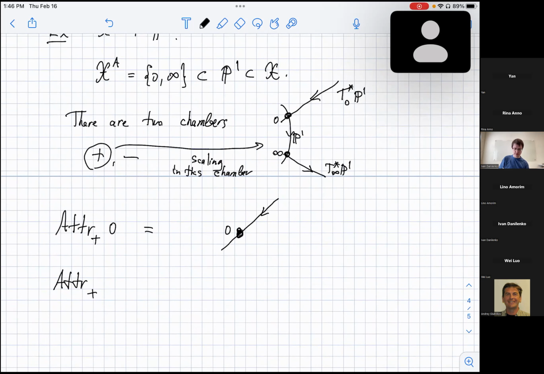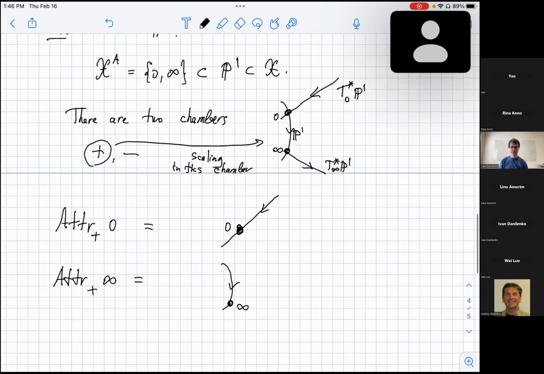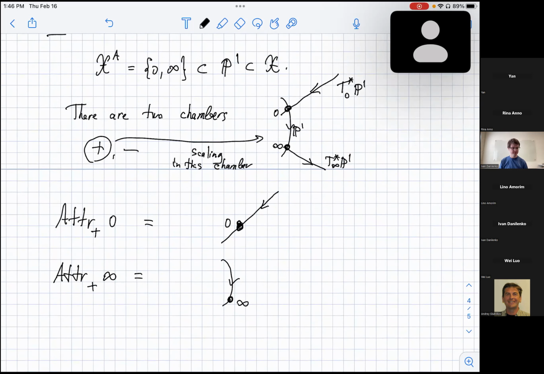And the attractor to infinity will be the whole P1, excluding 0, actually. But let me just write it like this. Right?